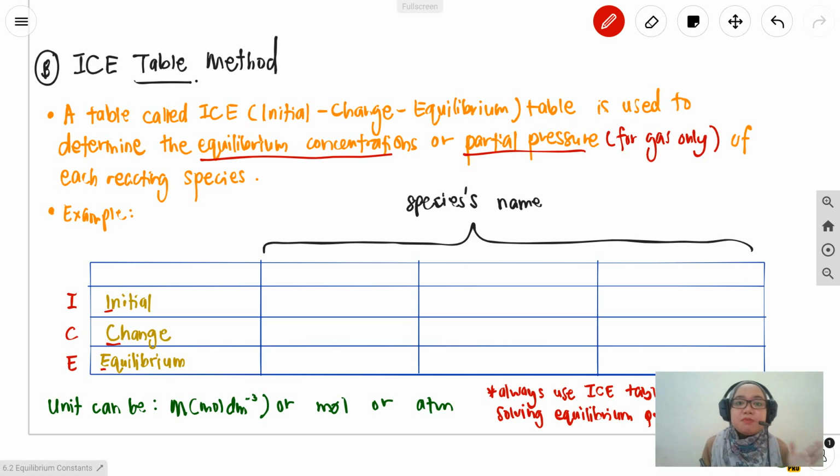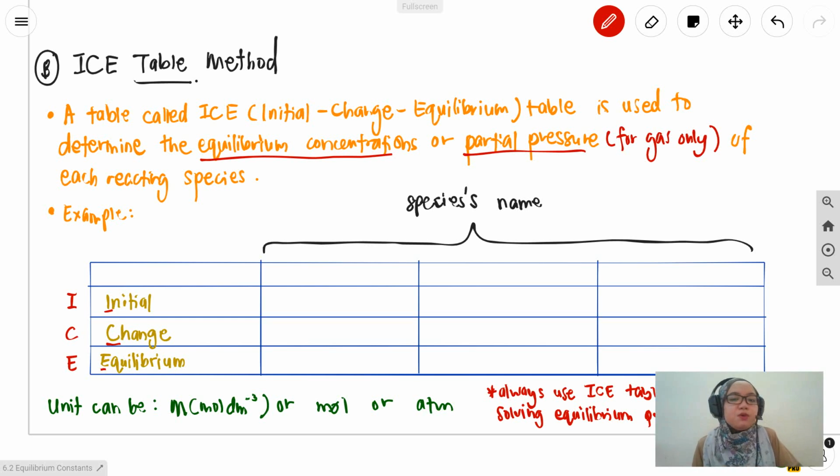Sometimes they want you to find the amount of the reactant or product in terms of mole, so then you can use this. Remember that you should always use the ICE table when solving equilibrium problems, because it is really convenient, especially when it doesn't give you any of the equilibrium concentration and partial pressure.